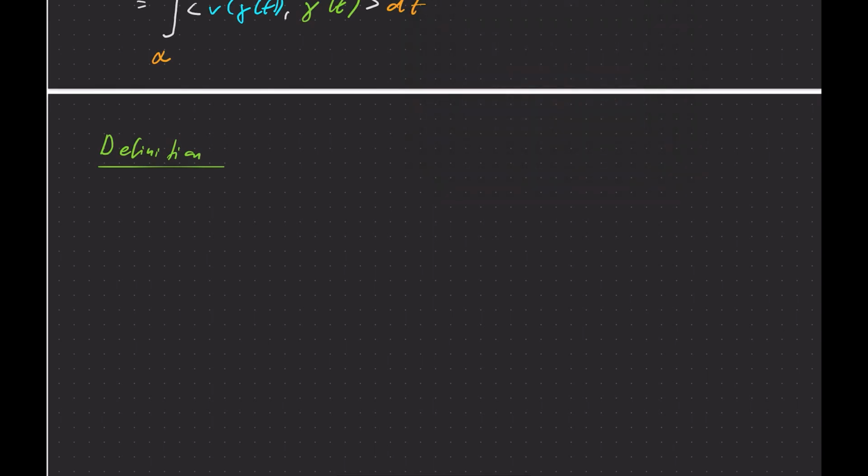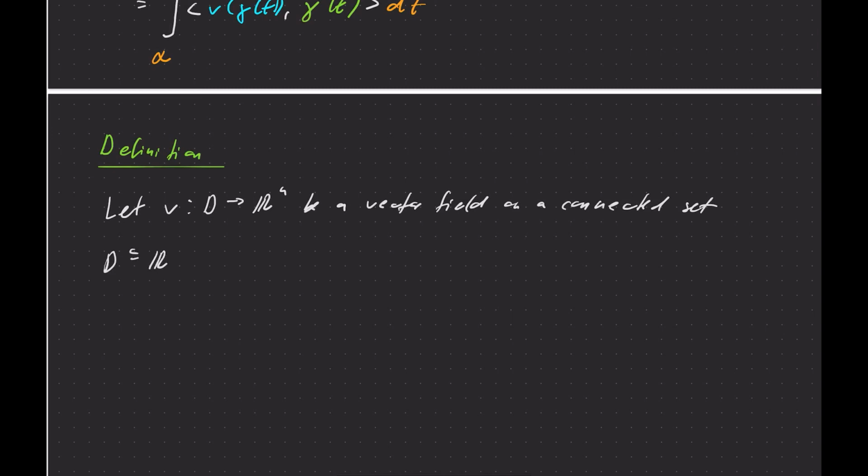So let's say we have a vector field. So let V from D to R^n be a vector field on a connected set D subset of R^n.